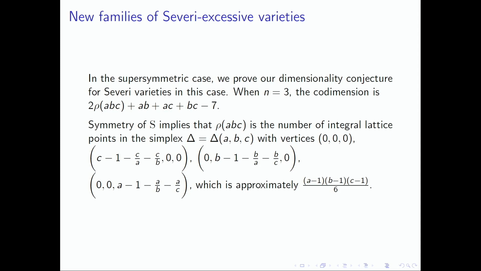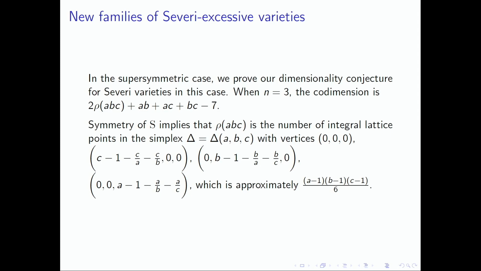Because the idea is that if you multiply through these rational numbers by abc, what you end up with is, for example, abc minus ab minus ac minus bc. And what you're doing is computing factorizations of elements in the semigroup that are less than or equal to this number abc minus ab minus ac minus bc.